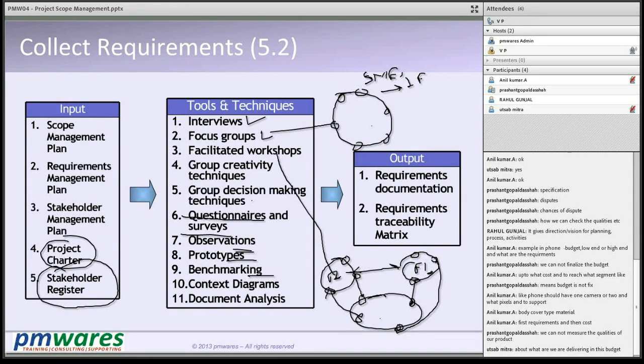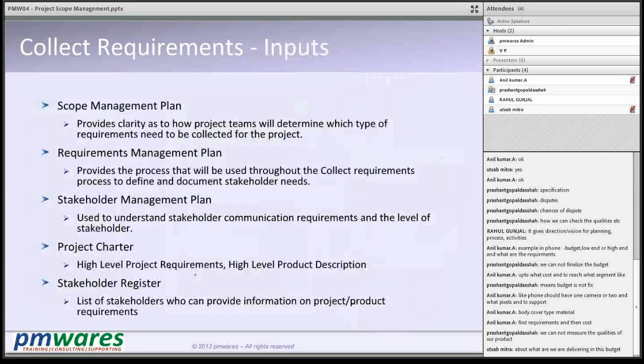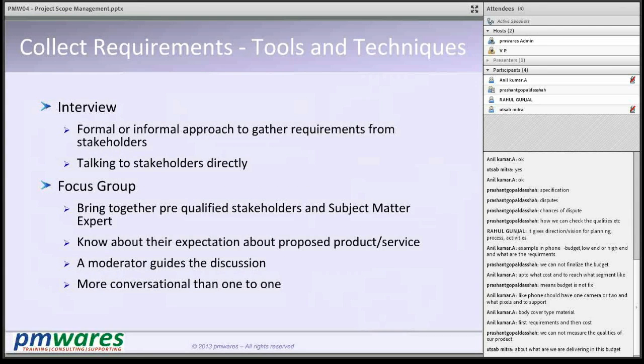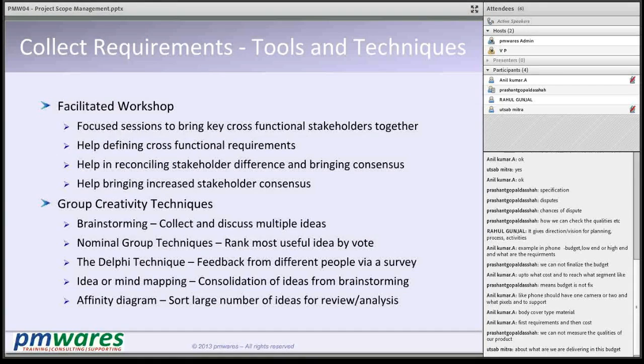Okay, context diagram and document analysis are other ways of collecting the requirements. What we come out with is a requirement document and a traceability matrix. Anybody has any idea what a traceability matrix is? Any idea? Anyone? What's the traceability matrix?